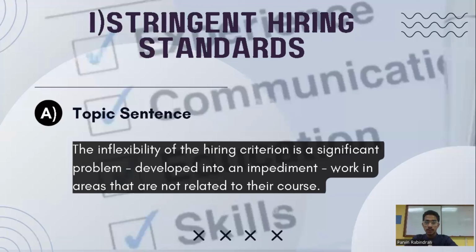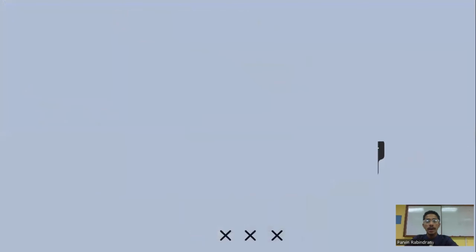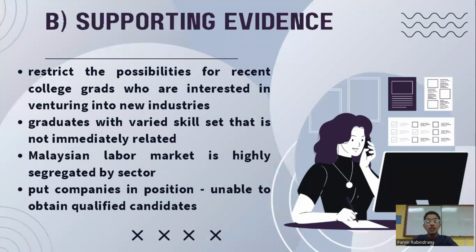So, this will restrict the possibilities available for recent grads who are interested in venturing into new industries or who have a varied skill set that is not immediately related to their chosen course of study. So this is where we add on the supporting evidence to the point that we have stated. Besides that, the Malaysian labor market is highly segregated by sector with little crossover between many subsectors.